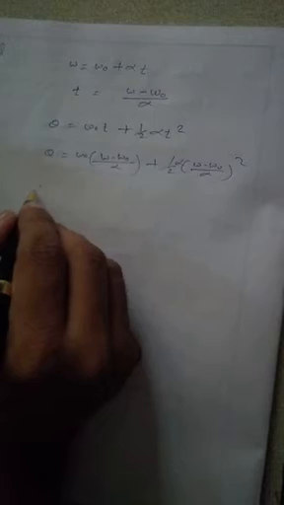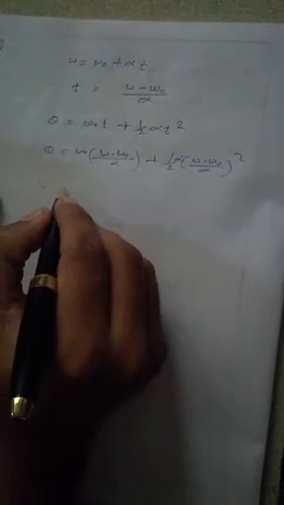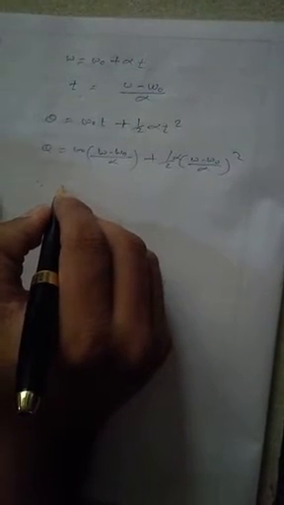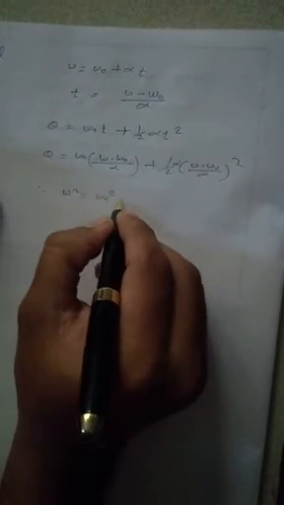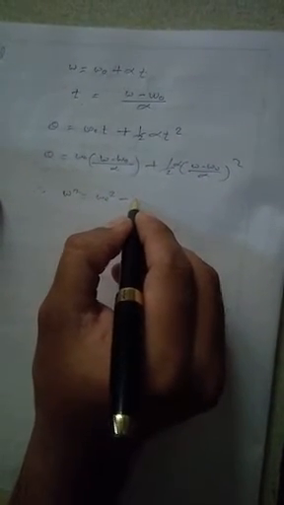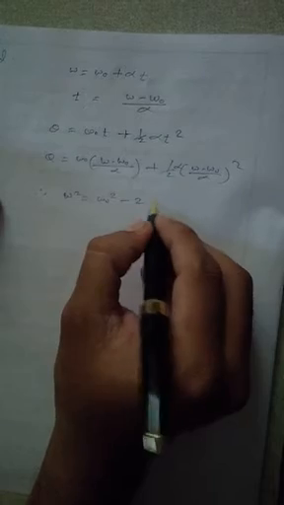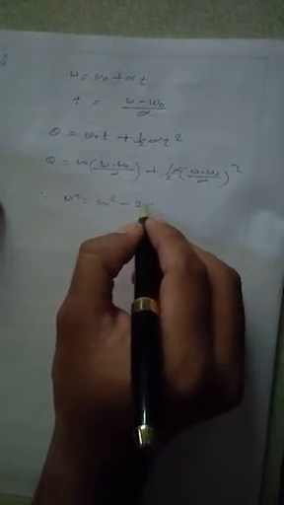Rearranging the terms, we get the equation as omega square is equal to omega naught square plus 2 alpha theta. So this is the third equation.